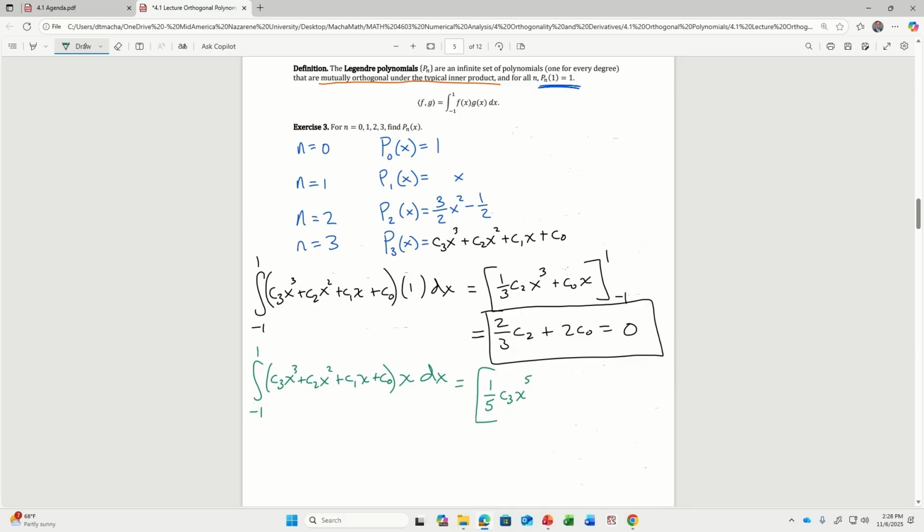And then that's odd, so it goes to 0. This one is not. It's going to be c1x squared, or after the antiderivative, 1/3 c1x cubed. And that becomes odd, so it goes away. So you take this, you plug in the 1, you plug in the -1, you get equal but opposite, so it's kind of like doubling this, and so I get 2/5 c3 plus 2/3 c1, and that adds up to give me 0.